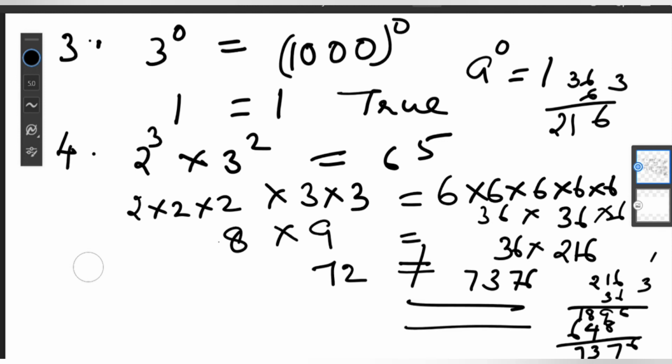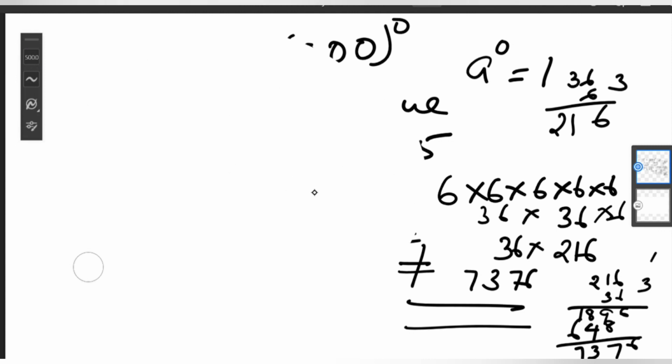We are getting 7776. Actually, it is not equal to the other side. This number is found to be relatively high compared to the other number. So it is not equal to the RHS, that we have to find out.